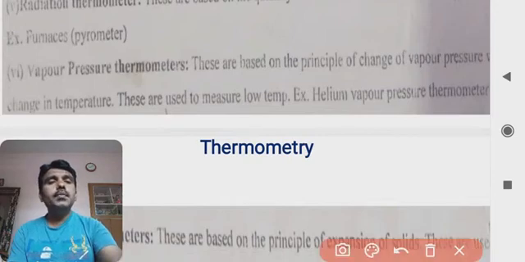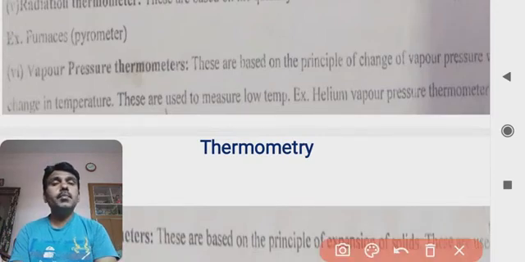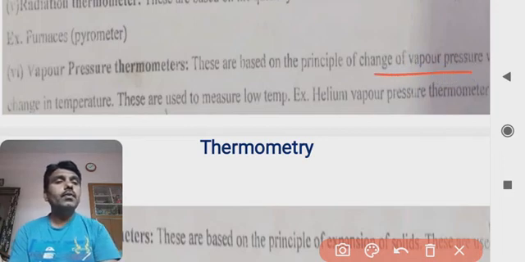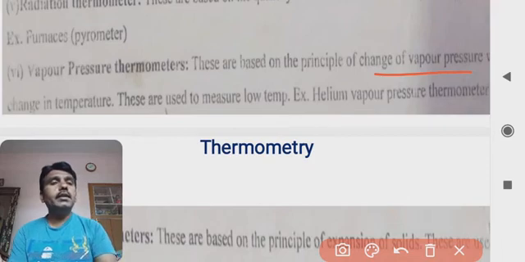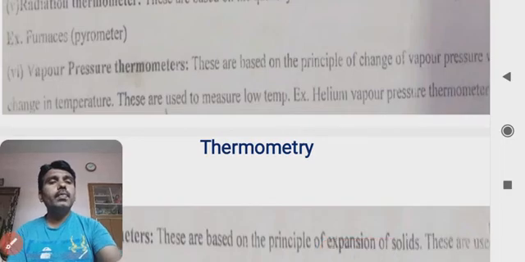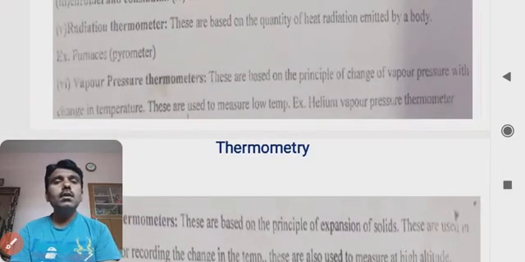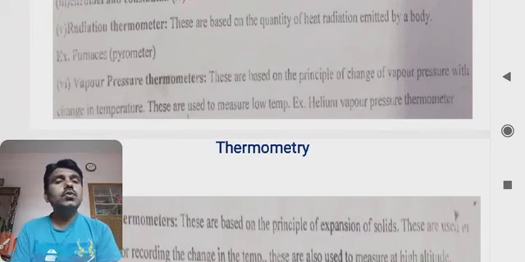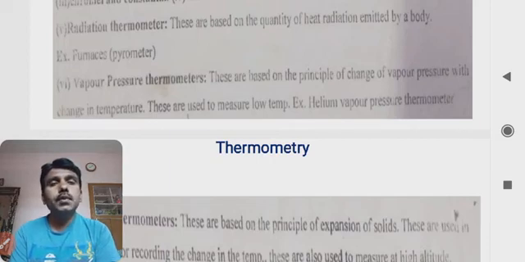Basically, vapor pressure thermometers are based on the principle of the change in vapor pressure with respect to the change in temperature. म्हणजे जे काही व्हेरिएशन जेव्हा केव्हा थर्मोमीटरमध्ये, व्हेपर प्रेशर थर्मोमीटर्समध्ये बेसिकली हे टोटली चेंज जो आहे तुमचा व्हेपर प्रेशर जेव्हा चेंज होईल विथ रिस्पेक्ट टू द टेम्परेचर, त्यानुसार त्याच्यामध्ये स्केलमध्ये व्हेरिएशन दाखवतो.